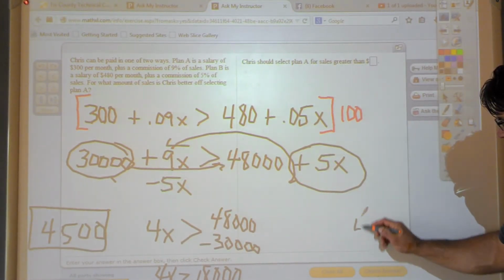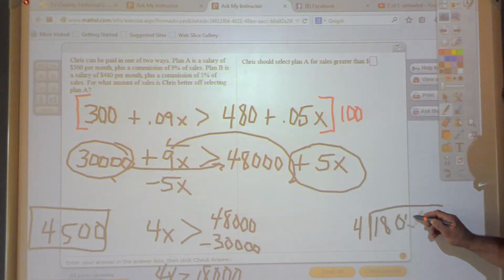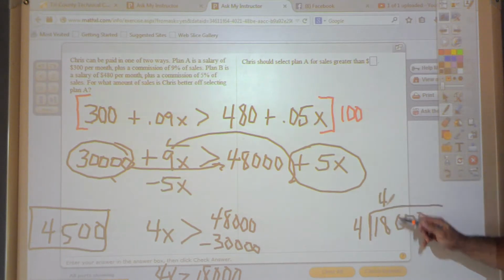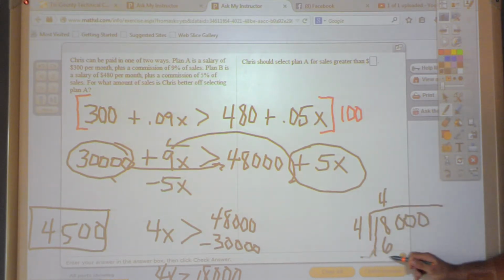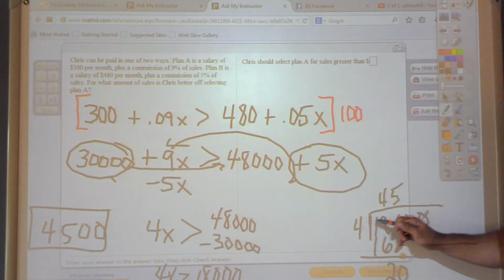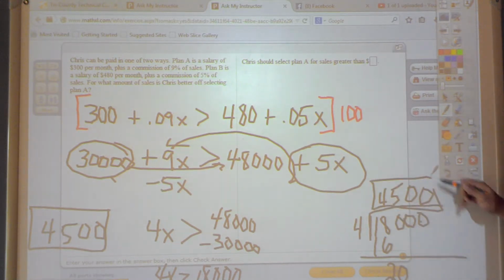Four will go into 18,000. 4 will go into 18 4 times. There's the 20. And 4 will go into 20 5 times. What's left after that? Okay, I got you. So 4 will go into 0 and 0 0 times. Okay, I got you.